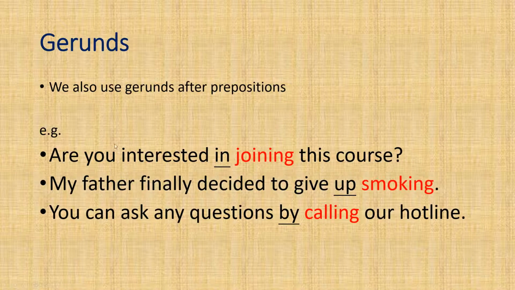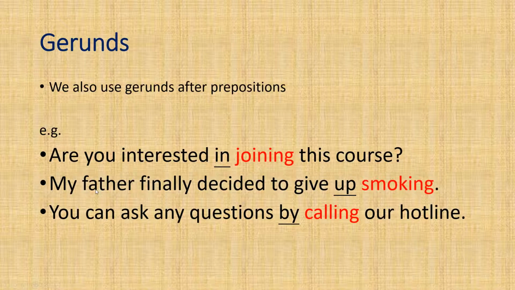Are you interested in joining this course? So you can see the preposition here, interested in. Alright, after in, you never say to join or join. You need to use gerund, joining. Can you see that? Are you interested in joining this course?